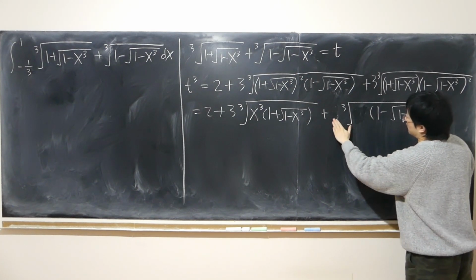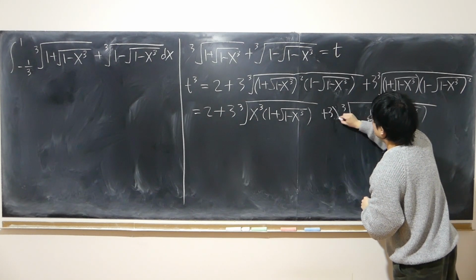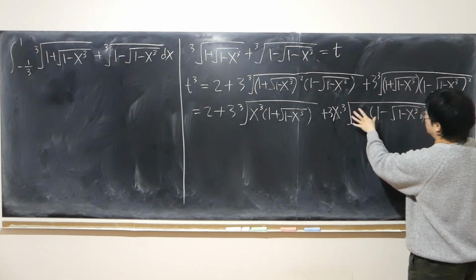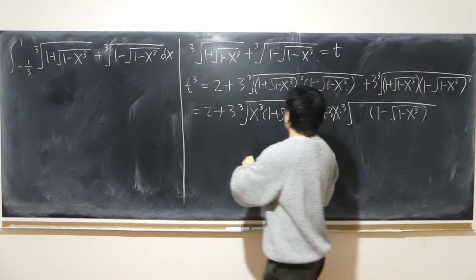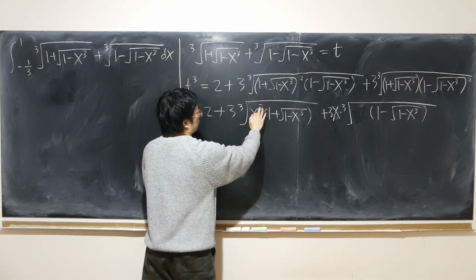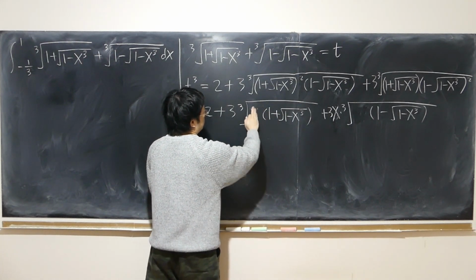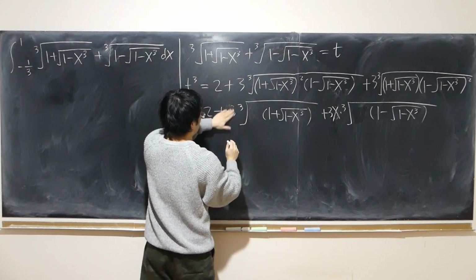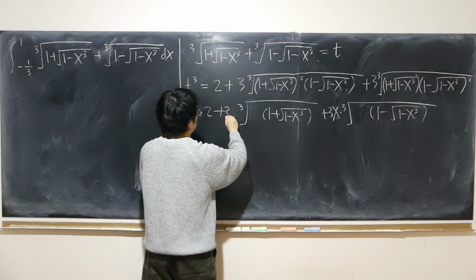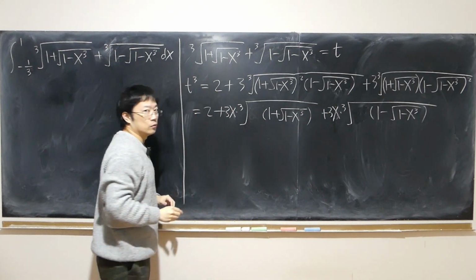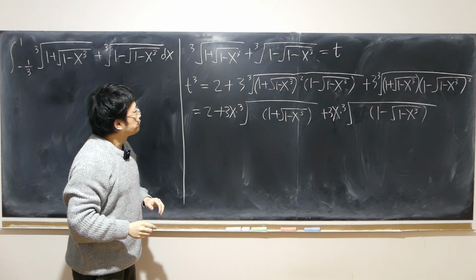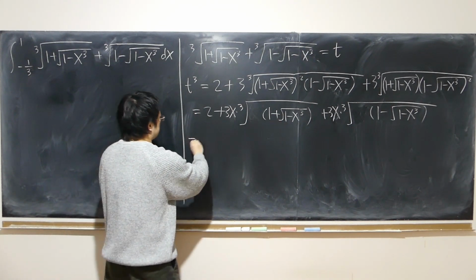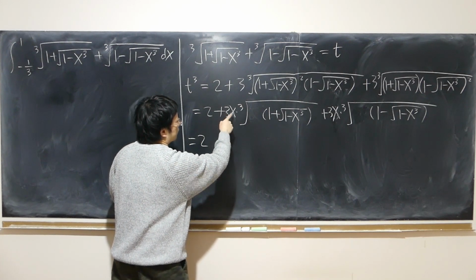Just 3 times x times the cubic root of. Likewise, this x cubed under the cubic root, I take out and it becomes 3 times x times the cubic root. So I immediately factor out 3x.